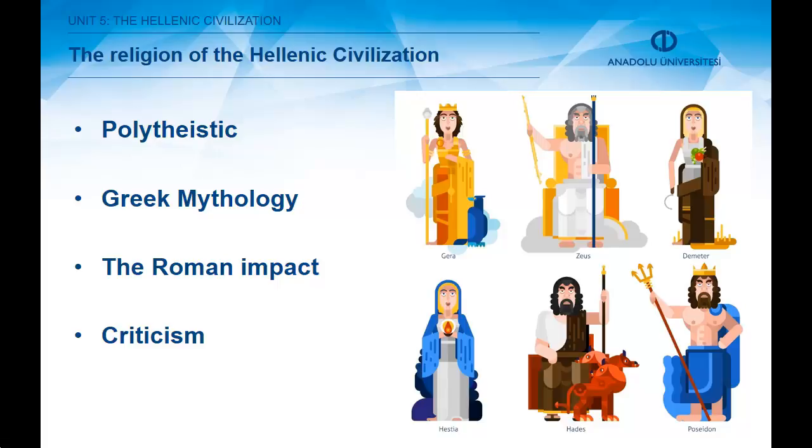Secondly, we can see the impact of Greek mythology underlying many religious beliefs in those years. In other words, Greek mythology provided a kind of explanation in the eyes of people, especially for natural phenomena.